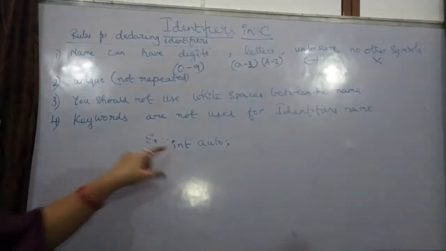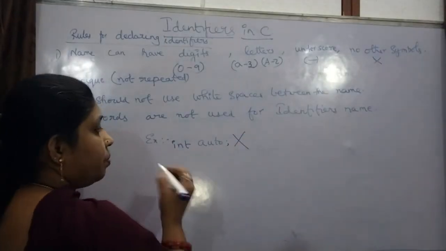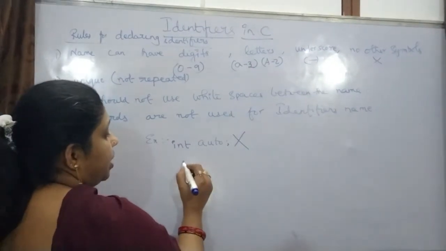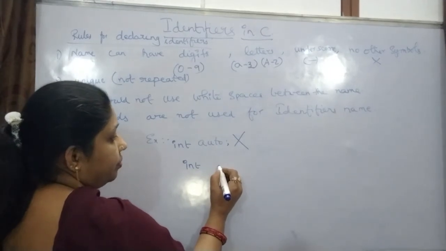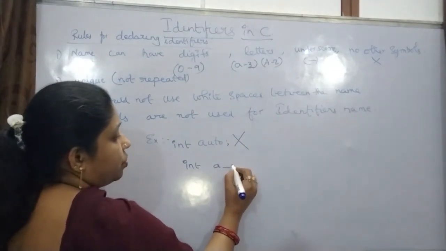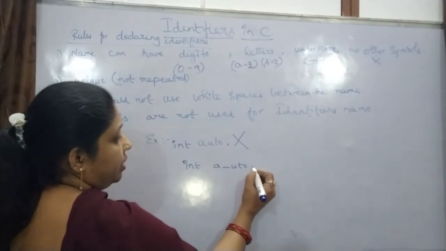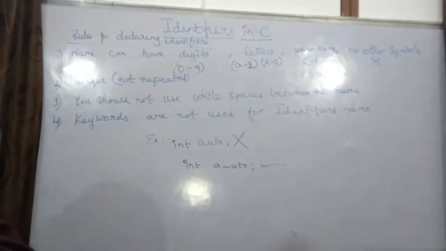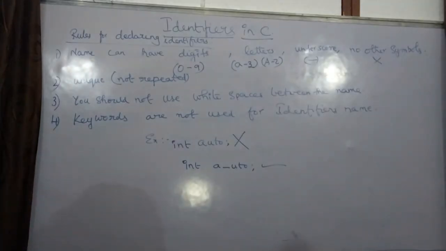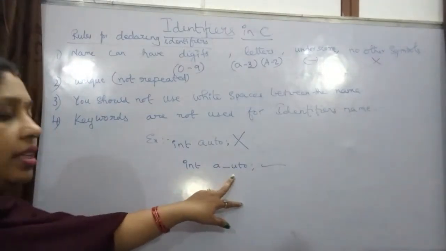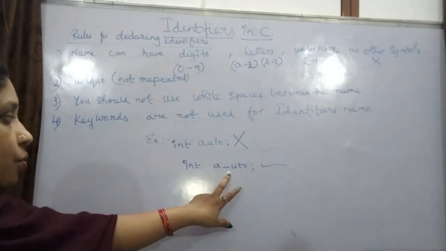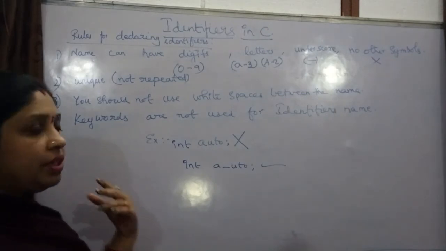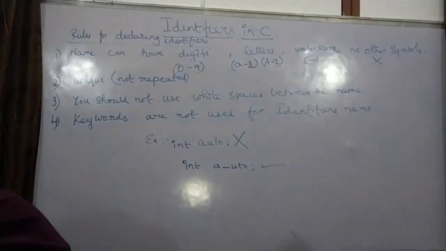Can you write like this? No, this is wrong. Suppose you want to use a keyword as an identifier, then you have to go like this, either underscore auto like this. Then it is correct. That means it will not give any error there. It is not taking it as a keyword. It is taking it as an identifier name because you are using underscore with that. So this is how keywords are not used for identifier names.